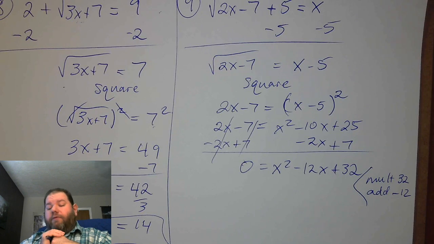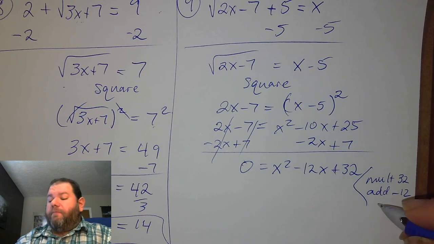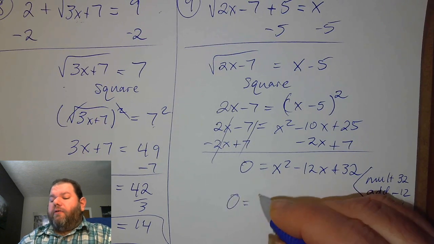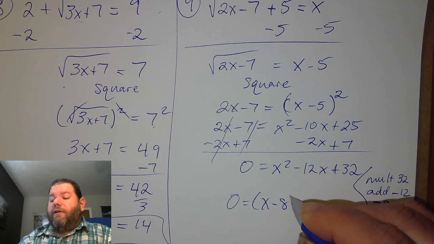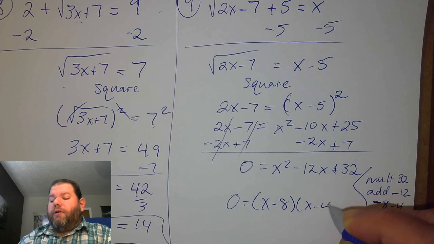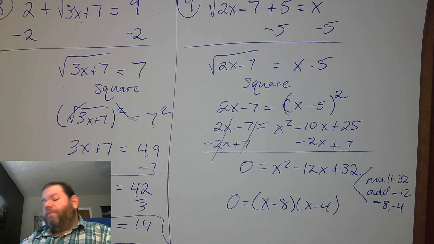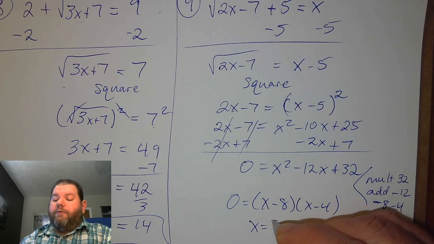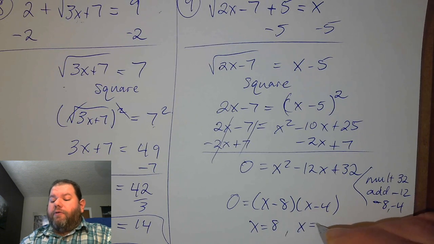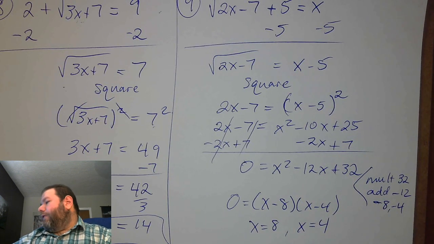Negative 8 and negative 4. So we're going to x minus 8 and x minus 4 as our two factors. And so we arrive at x equals 8 and x equals 4 as the solutions.